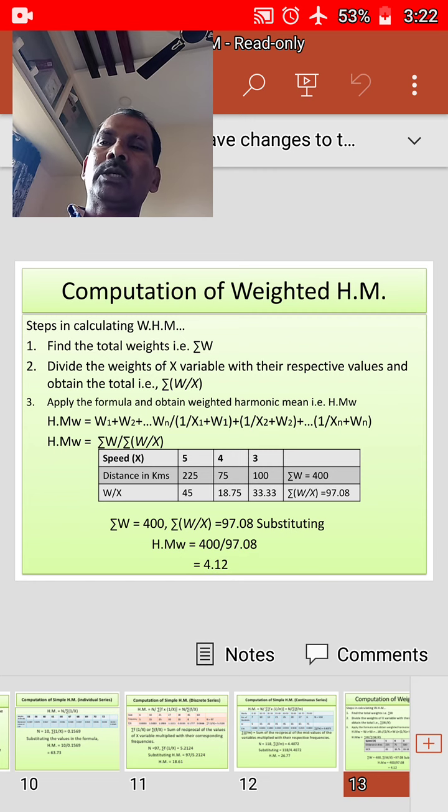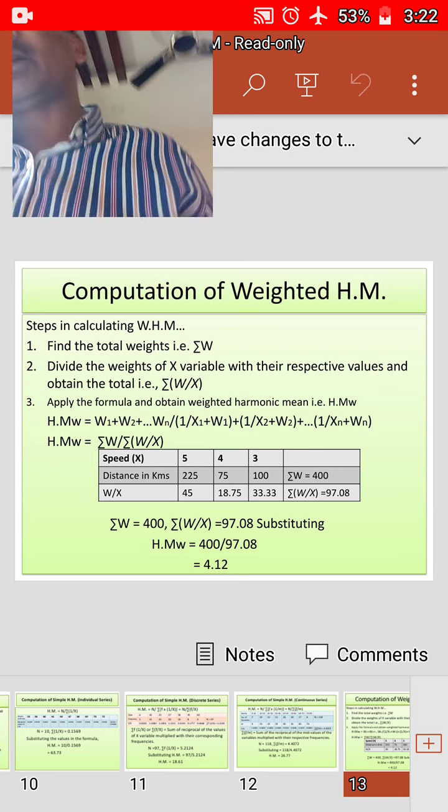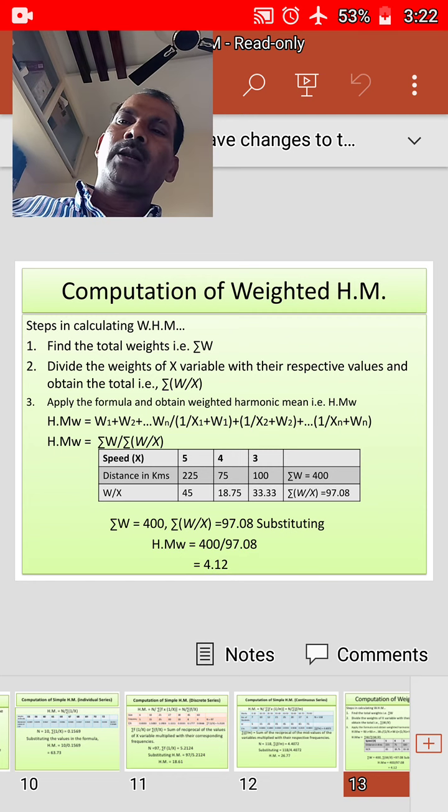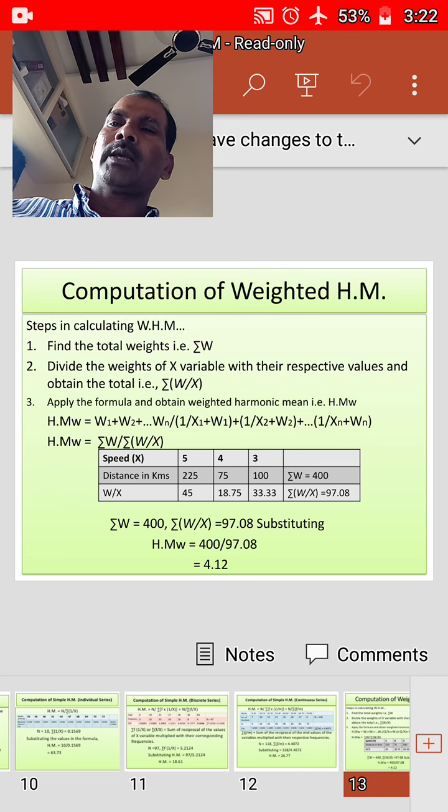Sigma W, that is distance in kilometers given. If you summate all these, you will get sigma W, the total of the weights, that is sigma W is equal to 400. Next, W by x we know. Now if you summate all these values, that is sigma W by x is equal to 97.08.